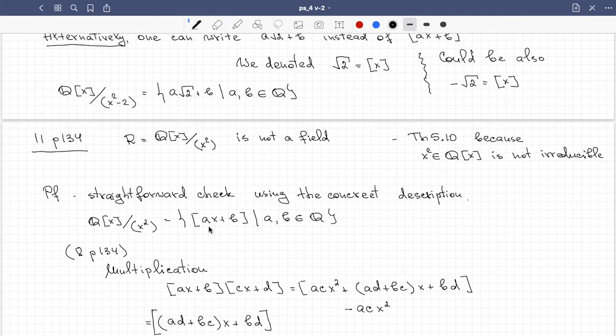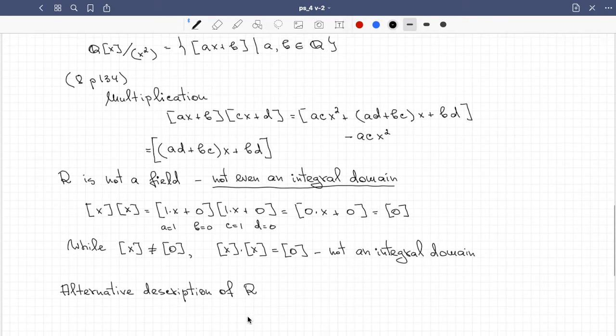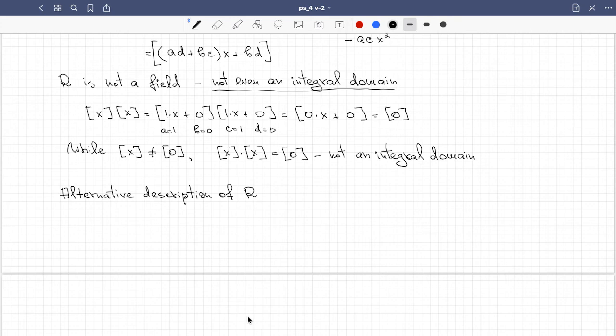So you think about that as just a and b. The fact that it is written as ax plus b doesn't matter. All information is contained in two rational numbers, a and b. They, as an ordered pair, determine the whole thing, the class. And we know how to multiply these classes. We, of course, easily know how to add them.